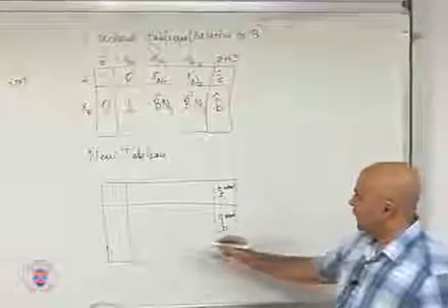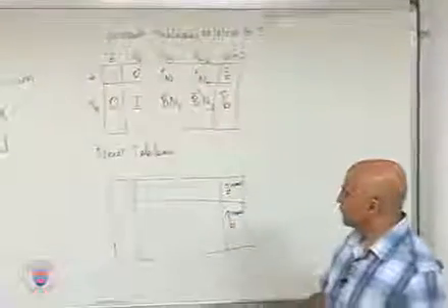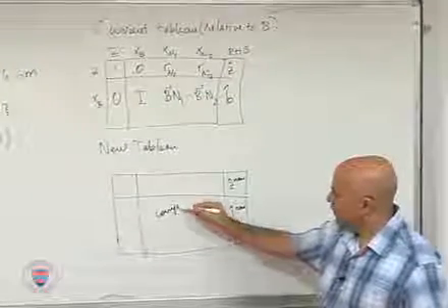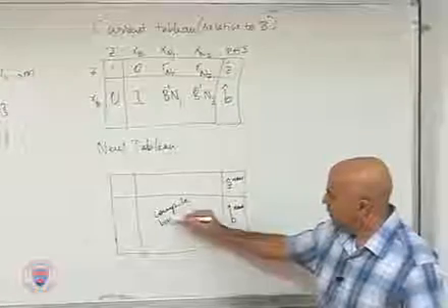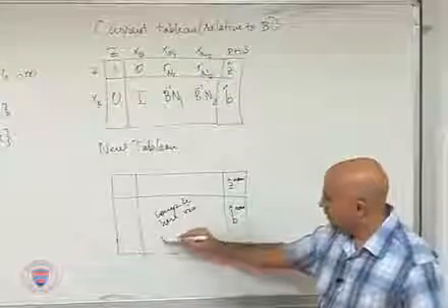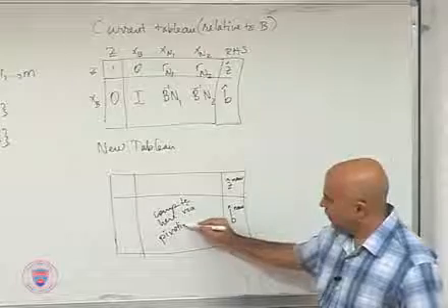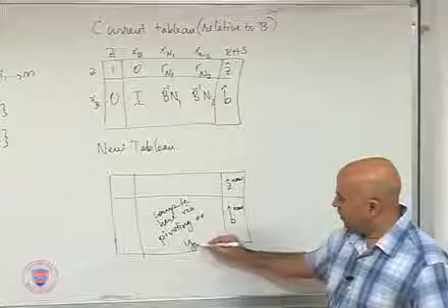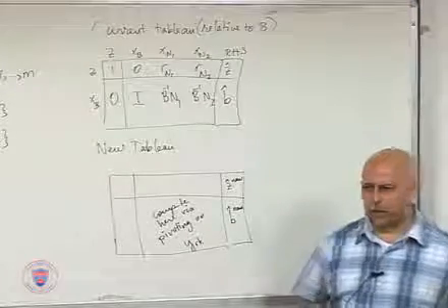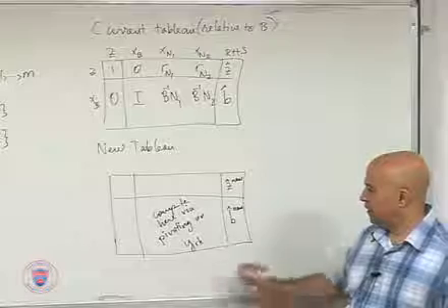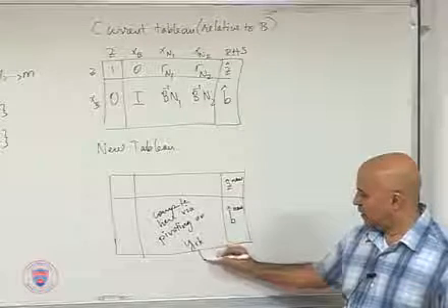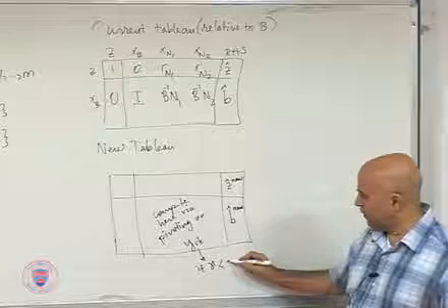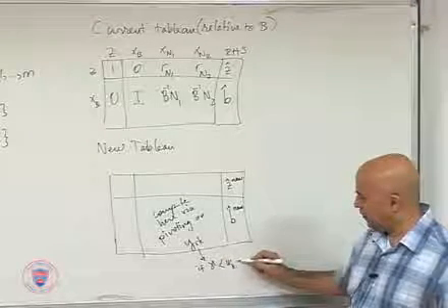All right, the other parts: compute the rest of the tableau by pivoting on the pivot element, YRK, if gamma is defined by either gamma 1 or gamma 2. Okay?